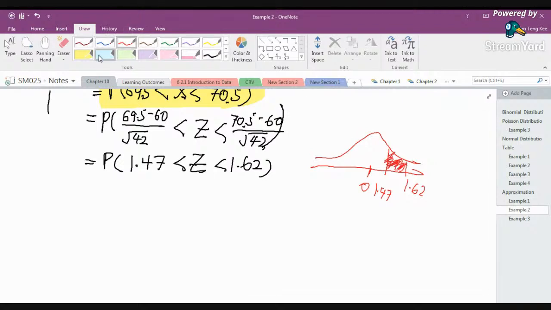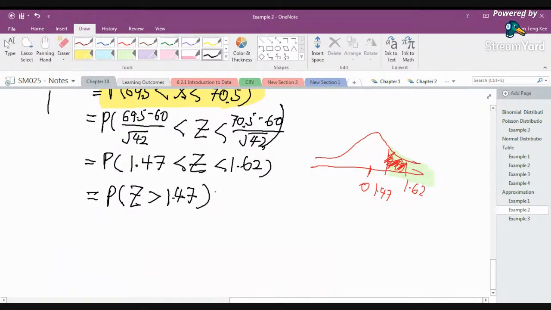In order to get the answer, I consider this whole part highlighted in green, which gives us P(Z greater than 1.47), minus the part that I highlight in purple, which happens to be the probability for Z greater than 1.62.